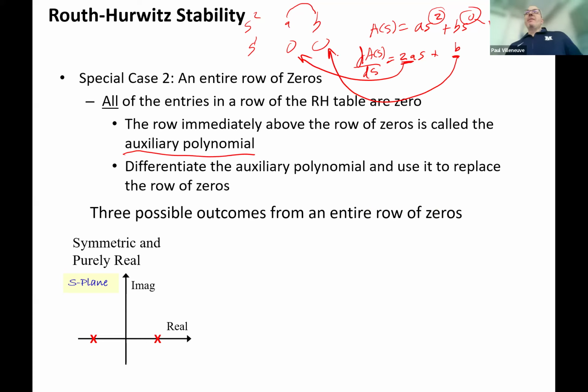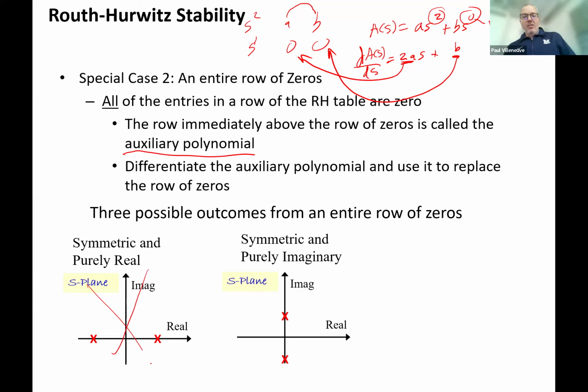You have 3 possible outcomes from an entire row of zeros. You could have symmetric and purely real. I've never seen this, so I don't worry about that. Meaning you have one on the real axis, one in the right-hand half plane and one in the left-hand half plane. Never seen it. You can have purely imaginary axis. I've seen this a lot.